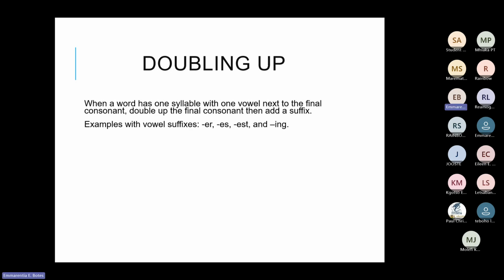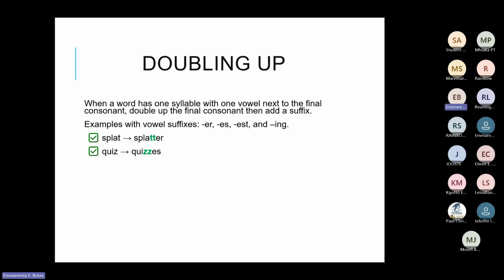This will make more sense when you see the word. Like splat. Here we see one syllable with one vowel next to the final consonant, A-T. The final consonant here is T. Now we have to double the final consonant and then add the suffix ER.